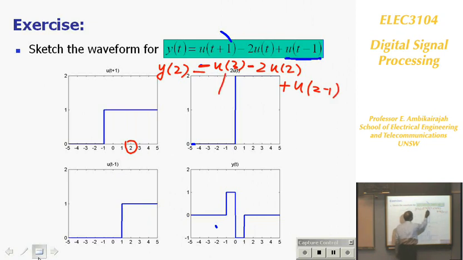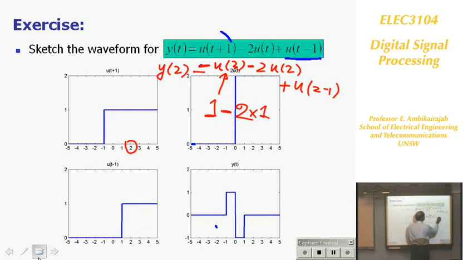So what is u(3)? In this waveform, u(3) is 1. So it's equal to 1, minus twice u(2). u(2) is here, and 2 times u(2) is 1 there.